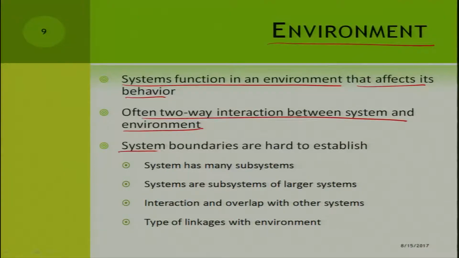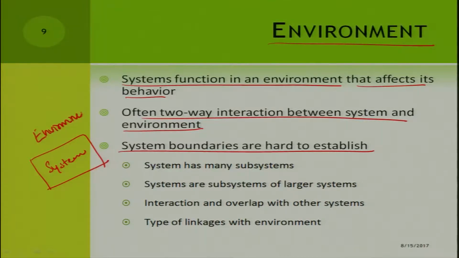If you want to study the environment, mathematical models are hard, because the first and foremost issue is that the system boundary is hard to establish. You can draw a box and say this is the system and everything outside is the environment. But in reality, it is easy to draw a box like this, but the real boundary of the system might be something like this, and someplace it might be a broken boundary.